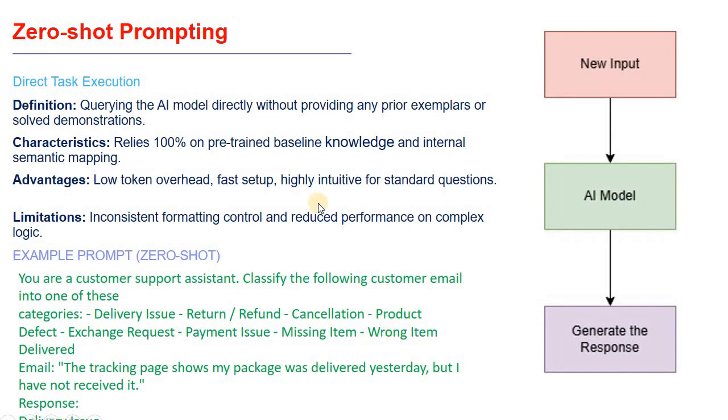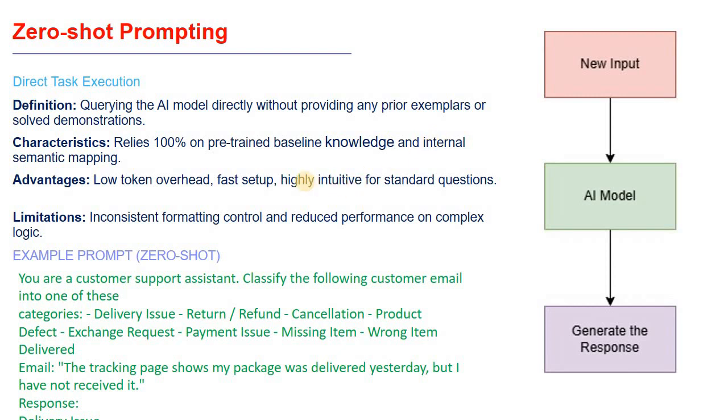Let us begin with zero-shot prompting. In this technique, we simply ask the AI model to perform a task without providing any examples or solved demonstrations. The AI relies completely on its knowledge. Zero-shot prompting is quick and easy, making it ideal for simple questions like definitions, translations, and summaries.